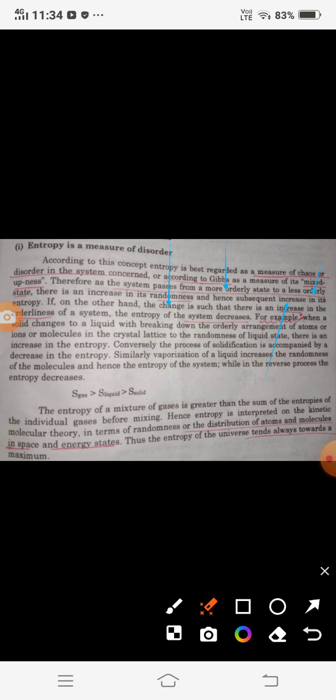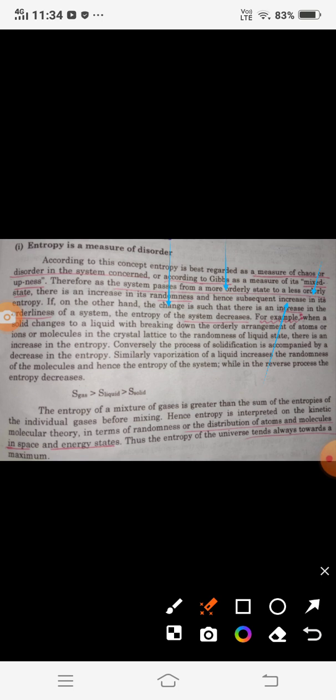Then when the liquid starts to convert into gaseous form by evaporation, the more arranged molecules in the liquid will appear in the highly disordered form of the gas.